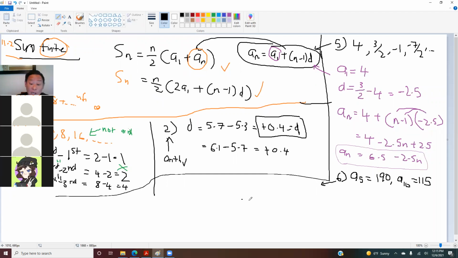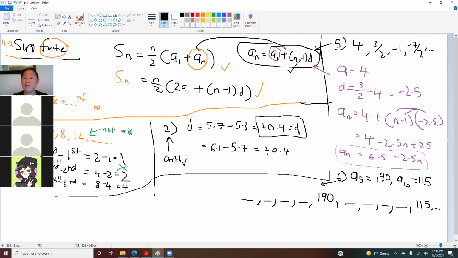So the question did not give us the first, second, third or fourth term, but the 5th term is 190. And A10 stands for what? That will be the 10th term. So 1, 2, 3, 4, 5, we know it's 190, 6, 7, 8, 9, 10 is 115. So this is what the question provides to us.